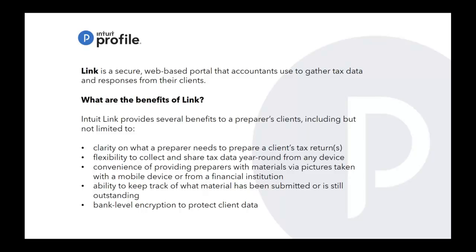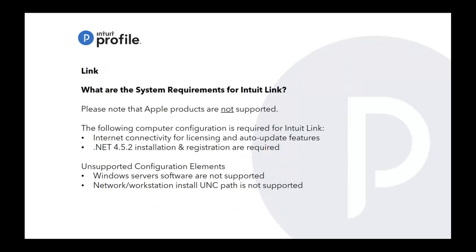Okay. What are the system requirements when it comes to Link? Well, it's not supported on Apple products. ProFile does not run on Apple products, but I have an Apple machine, and I use Boot Camp to install Windows on another partition. So that's one solution for you if you prefer to go that route.